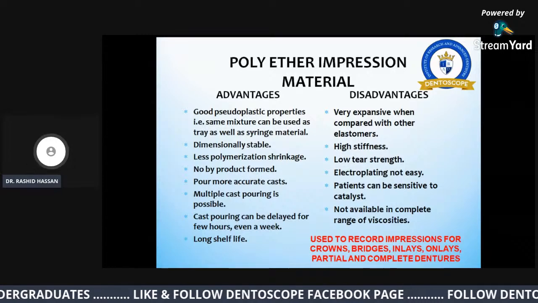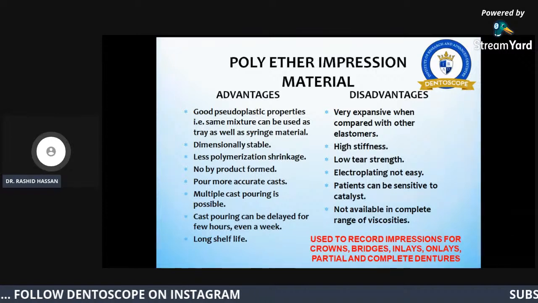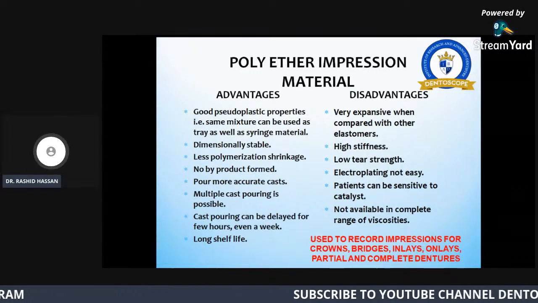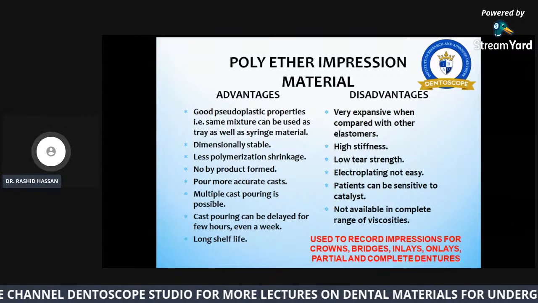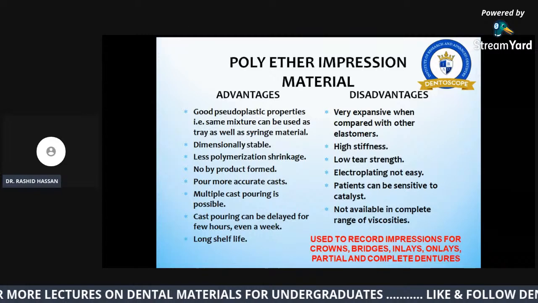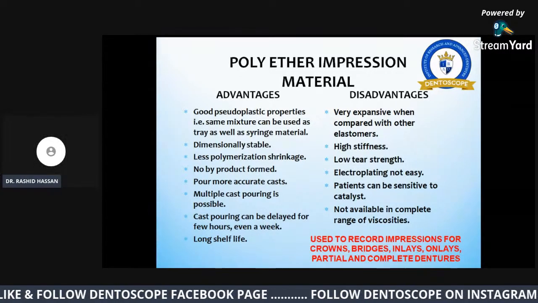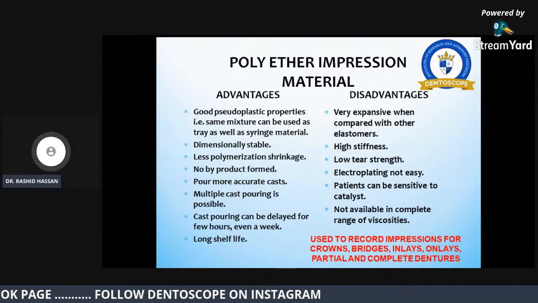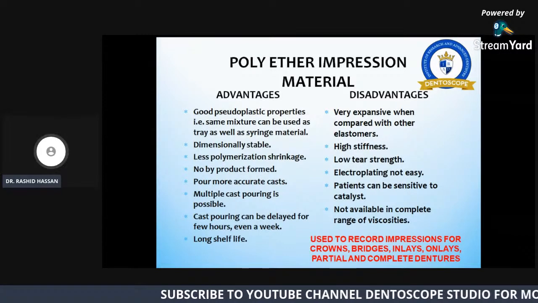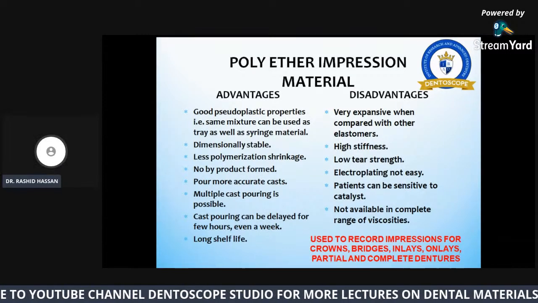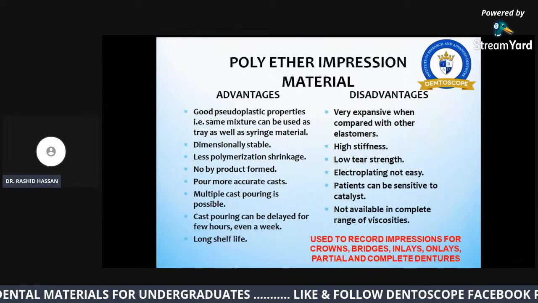The other two that we have discussed, the addition silicon and polyether impression materials, polymerize by addition polymerization reaction. So no byproduct forms, they are dimensionally stable, with no or very little polymerization shrinkage, right? So the first two polymerize by condensation method, and the last two polymerize by addition polymerization reaction. Be very clear about it. It should not cause any confusion in your mind.